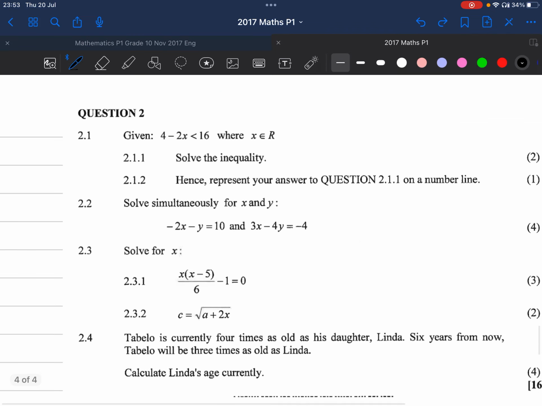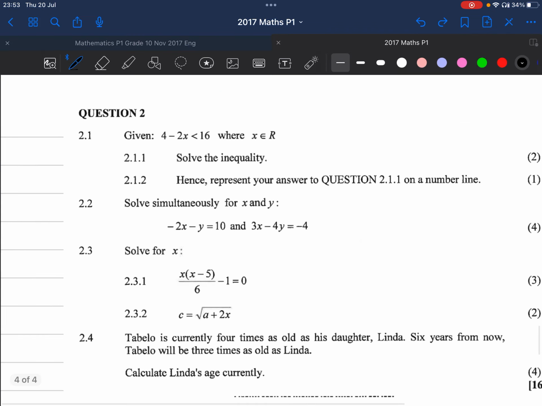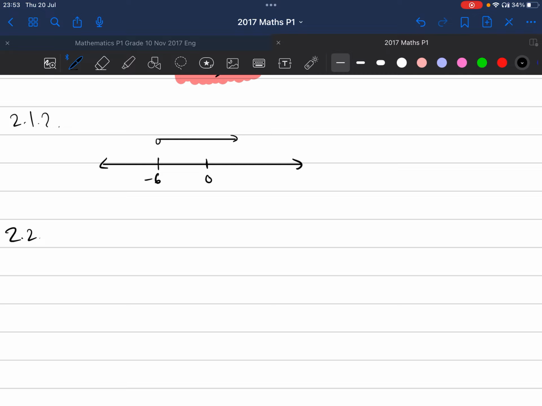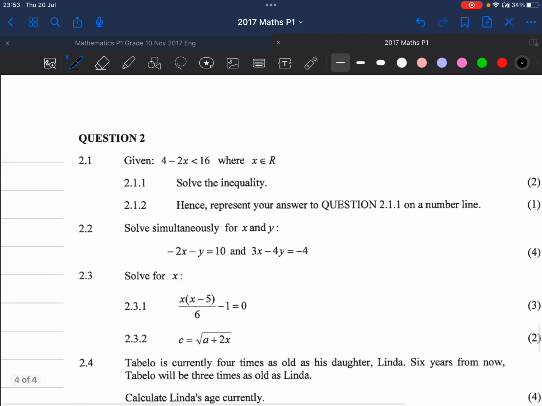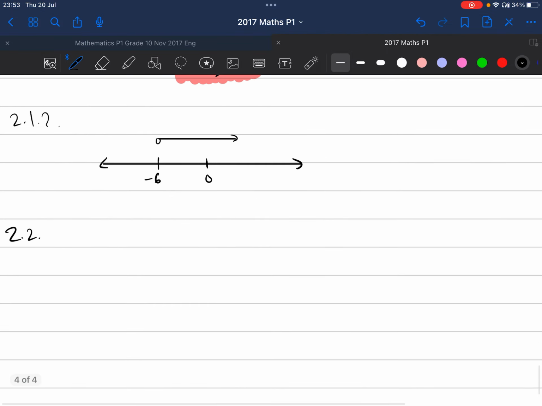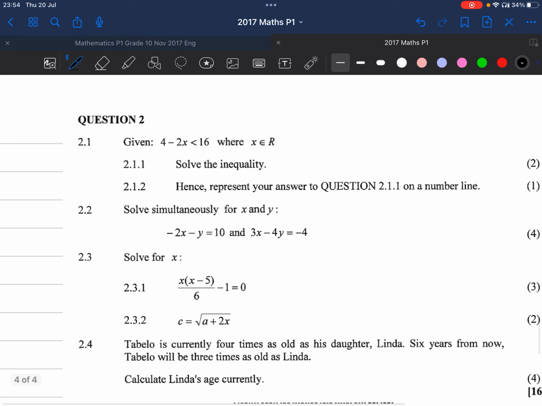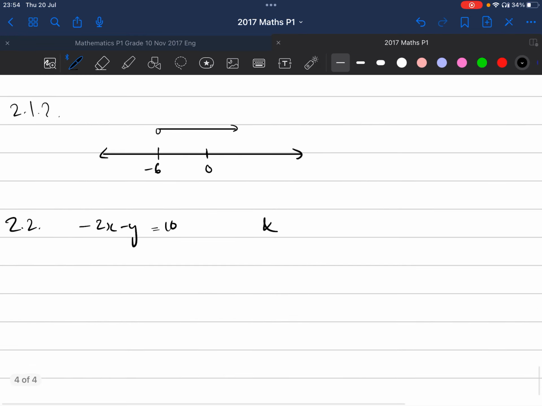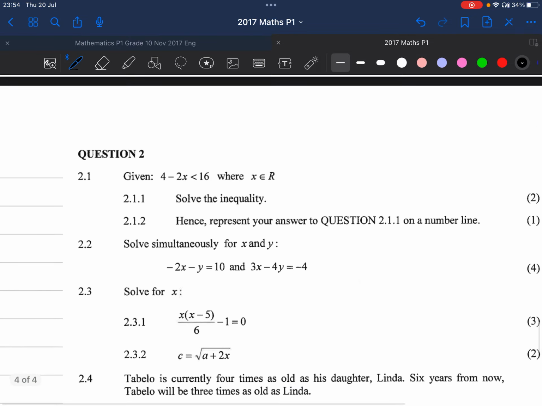The next one is 2.2, solve simultaneous equations. Our two equations are minus 2x minus y equals 10, and 3x minus 4y equals minus 4.